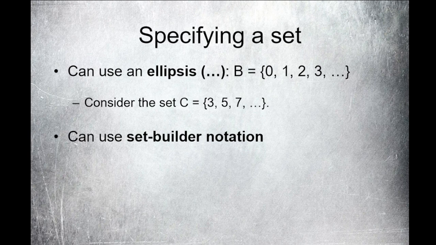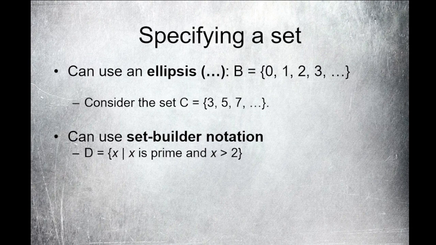In the set builder method, suppose I'm saying that there is a set D which is equal to {x such that x is prime and x is greater than 2}.